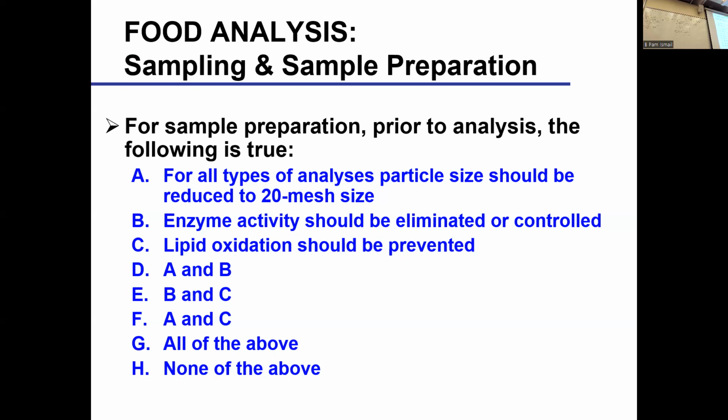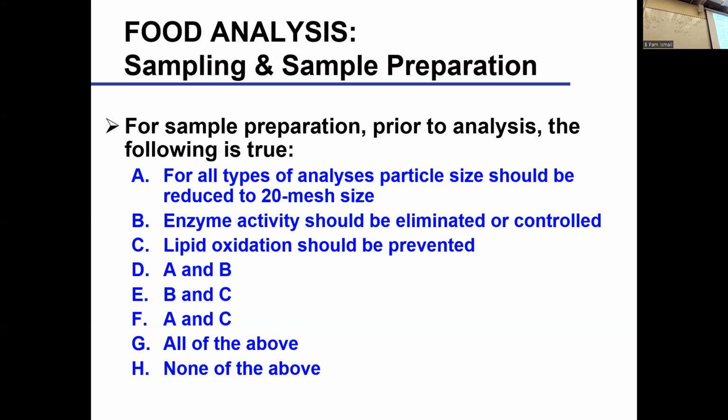So the bigger the number, the smaller the opening, that means the smaller the particle size you get. Often, you really need to have very small particle size for particular analysis. So we'll think about that in a minute.